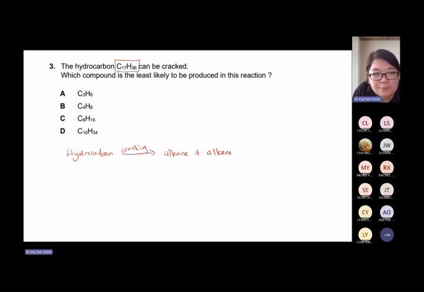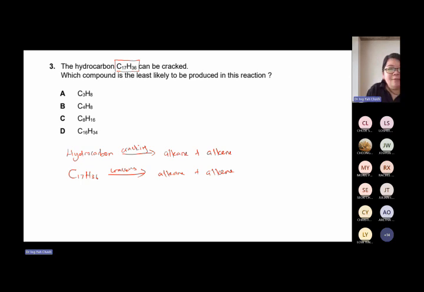Cannot have two alkanes because not enough hydrogen. So always one alkane, one alkene.